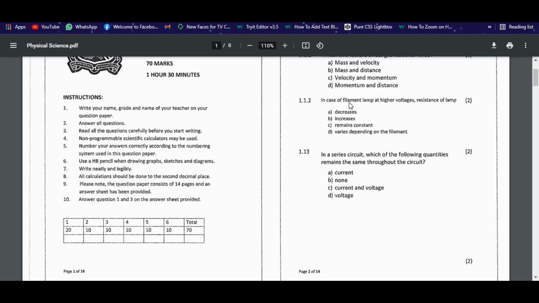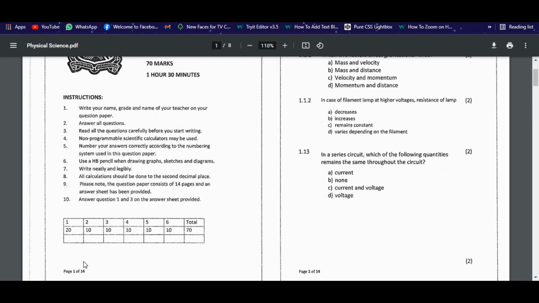In case of filament lamp at higher voltages, resistance of the lamp. Okay, well, now I'm looking at this question in a different light. Some lamps obviously have different voltages. I have a lamp that has a 240 volt rating, but some lamps may have a smaller amount, some lamps may have a bigger amount, or a more than or greater than.